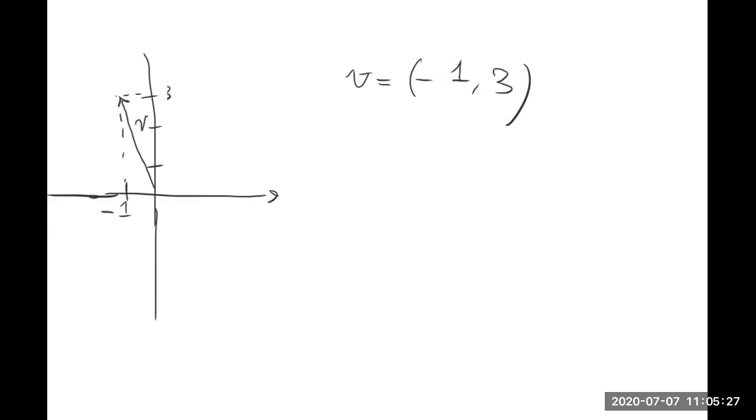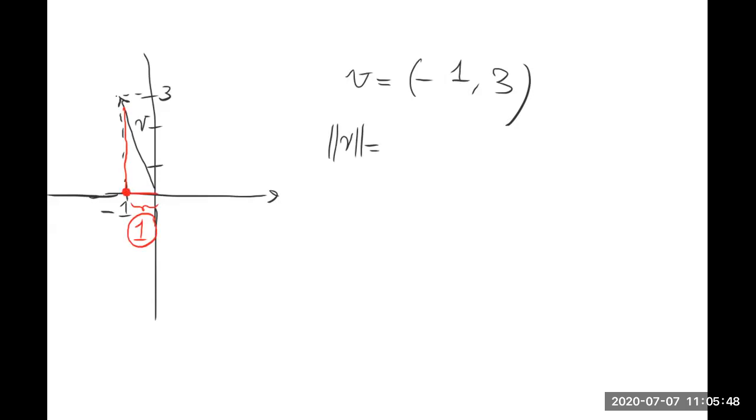We should compute the length of v. We use Pythagorean theorem. I make this right triangle. This length is 1. Remember, the length is a positive number. Although this coordinate here is -1, the length is always a positive number.